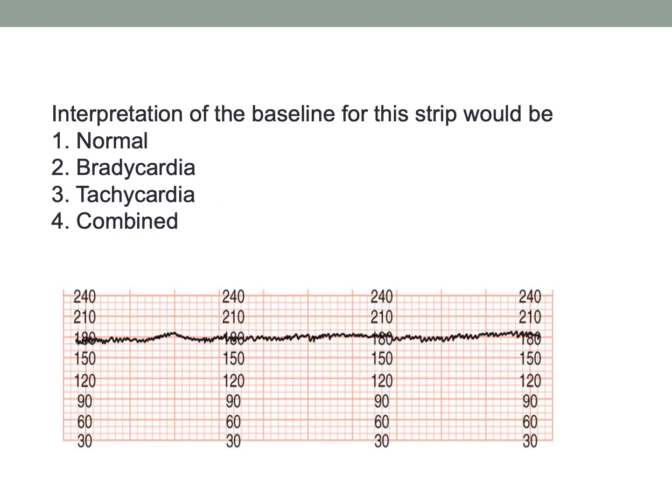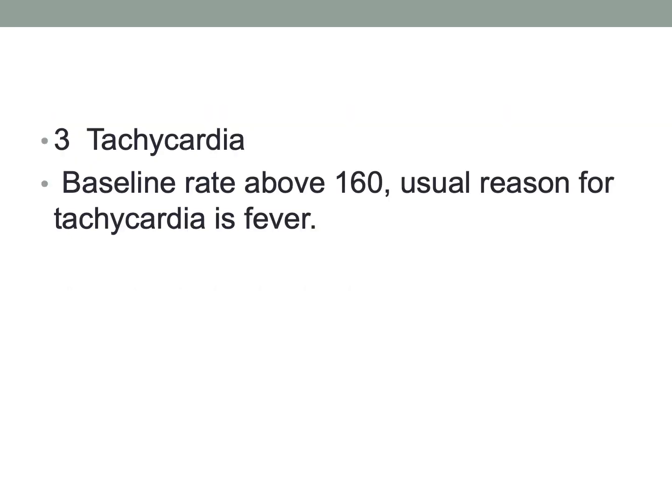Then we have interpretation of the baseline for this strip would be, what is the baseline? So I'm looking at this, okay? And yeah, it goes over at 180. It's definitely above 160, which is outside of my parameter. And it's above that. So we would say it is tachycardia.